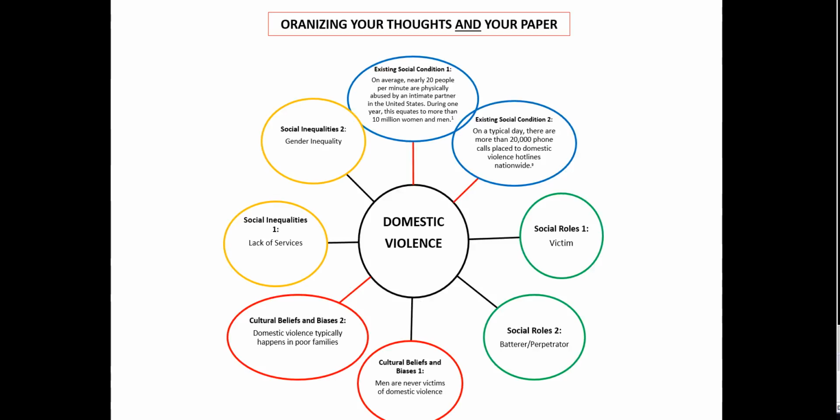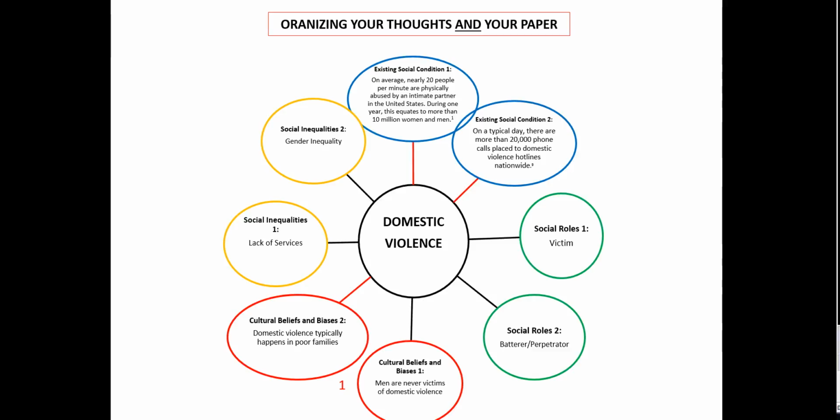Organizing your thoughts in your paper. This was in my last video for your milestone 3, and I thought I would highlight it again. This is how I sort of envision it or logically see it. Obviously you don't have to follow this format. Do it however you think you need to organize your thoughts in your social issue.